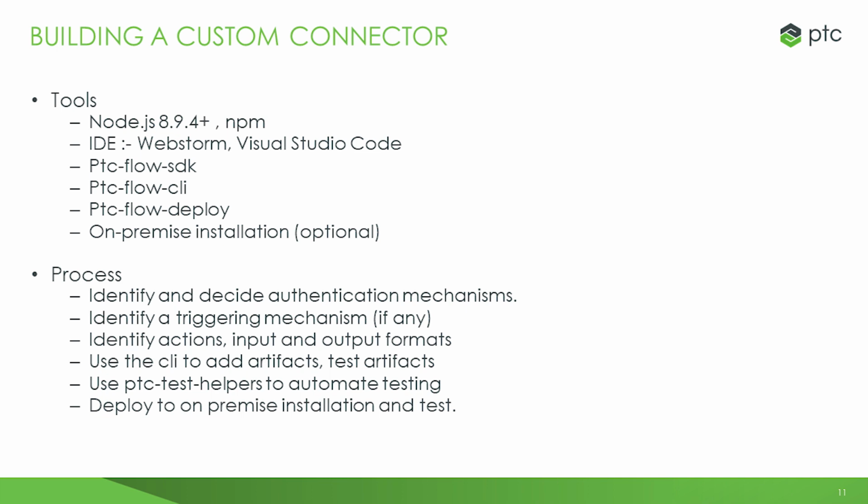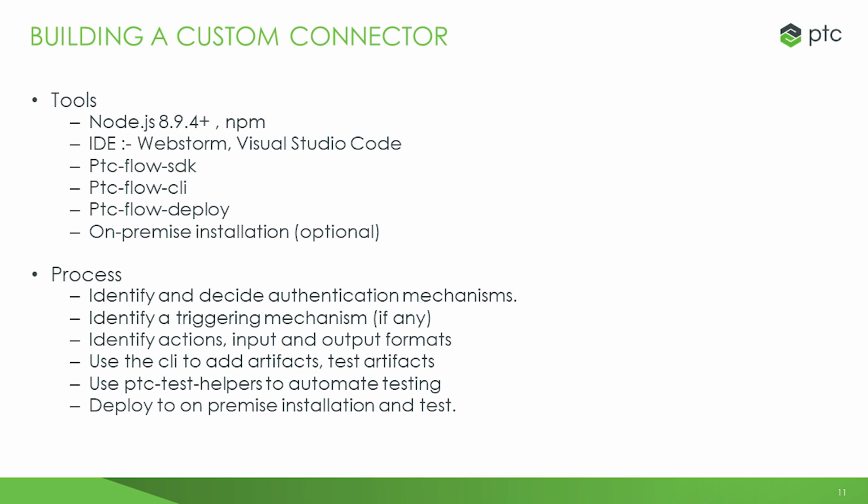You would also have to find out if you can support a triggering mechanism. It could be polling based on looking at the state of the objects in the system, or it could be a webhook mechanism. You will need to identify all the actions, and decide on the input and output formats.